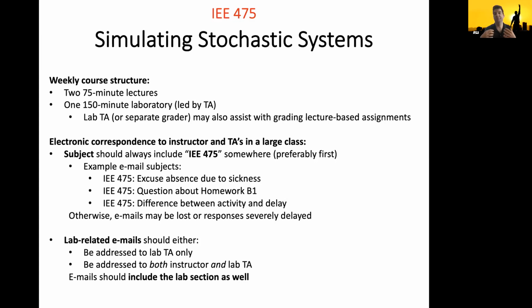So either go to the TA first or go to both. For lab-related issues, don't go to me first unless I've specifically asked for some special lab, because the instructor will have to end up tying in the lab TA anyway before getting back to you. And again, those should have IEE 475 in the subject to make it easier for us to spot them.